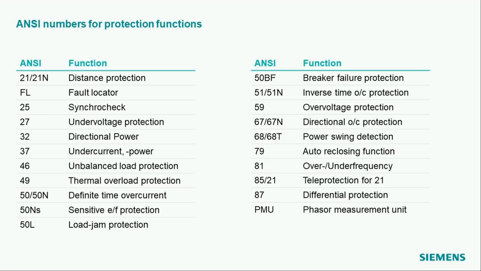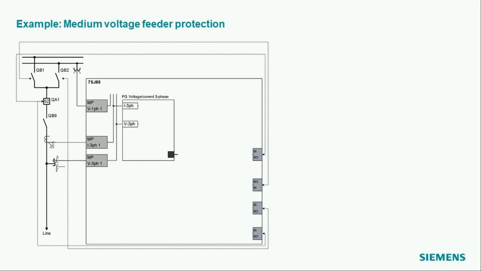So these numbers are often used in the diagrams. And now let's have a look at the example. The first example here is a simple, or it's not that simple, it's a medium voltage feeder protection. So you see on the left side, on the top, the two bus bars. And then down you have the feeder.